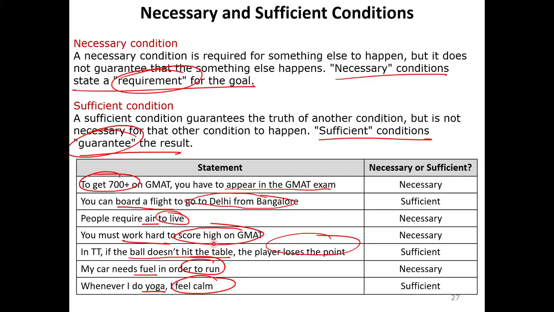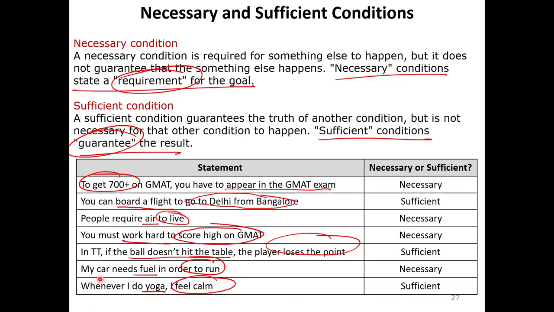So what we are saying is, whenever I do yoga, I feel calm. According to this statement, do you agree that yoga guarantees that I feel calm? Since yoga is guaranteeing, it's a sufficient condition. Why is it not necessary?